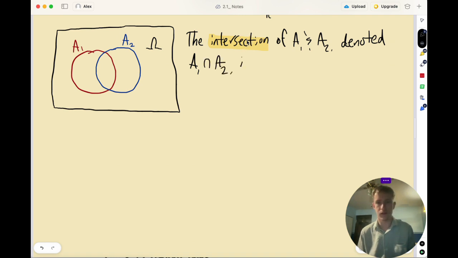And this is the event of both A1 and A2 occurring.